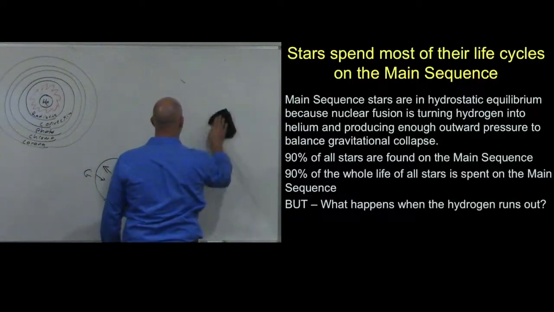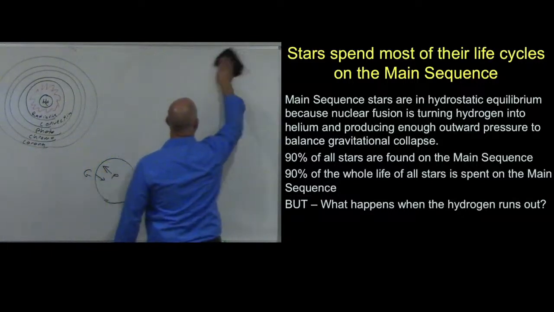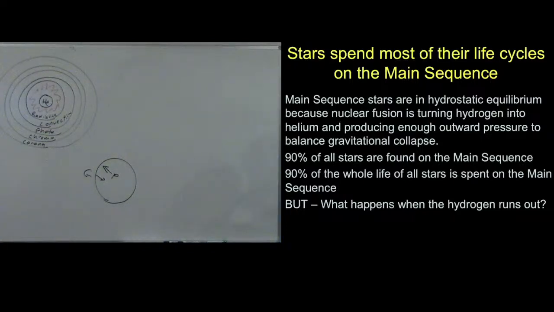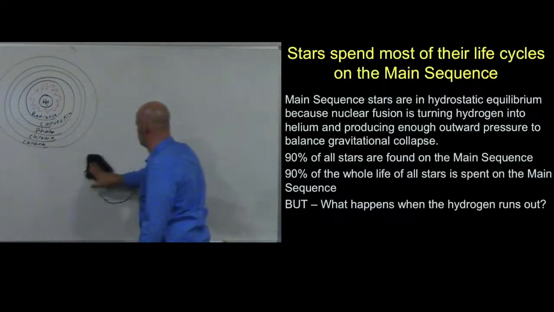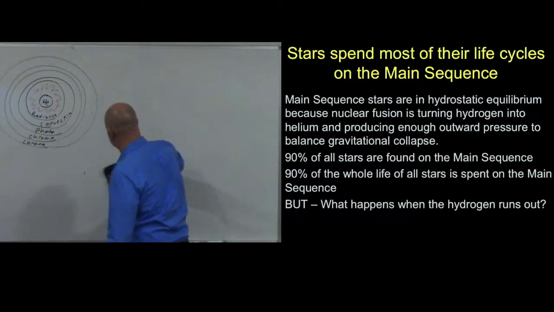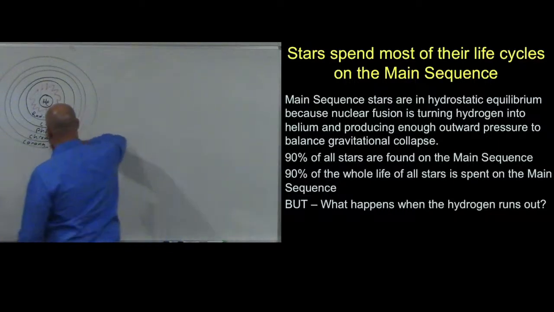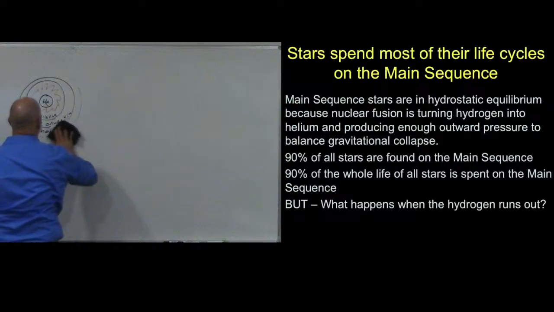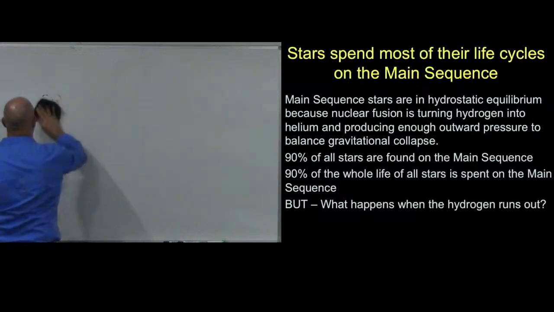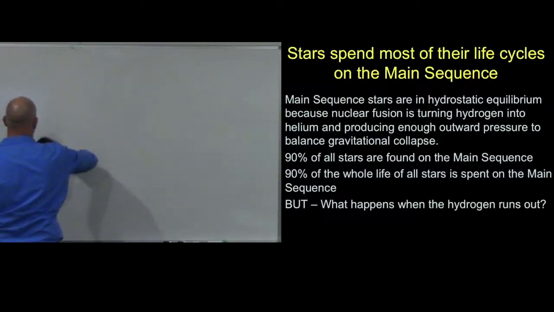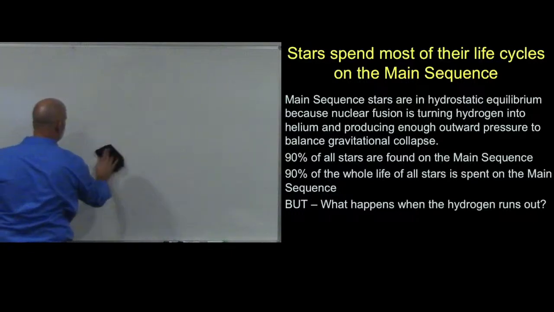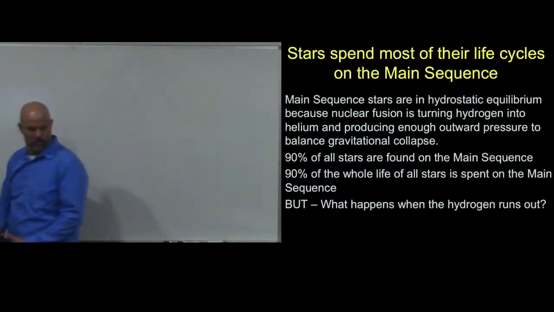And that sustained fusion keeps a balance between gas pressure, which is tending to push outward of the star, and gravity, which is tending to push inward. When those two pressures are in balance, a star is in hydrostatic equilibrium, and it is a main sequence star.